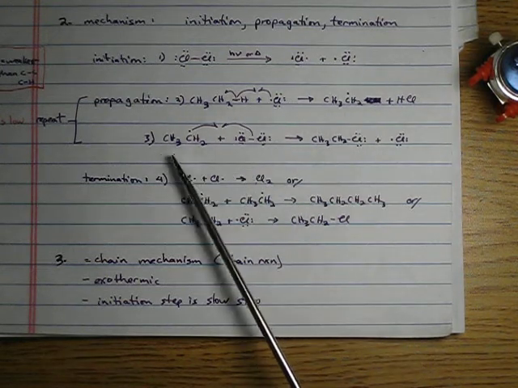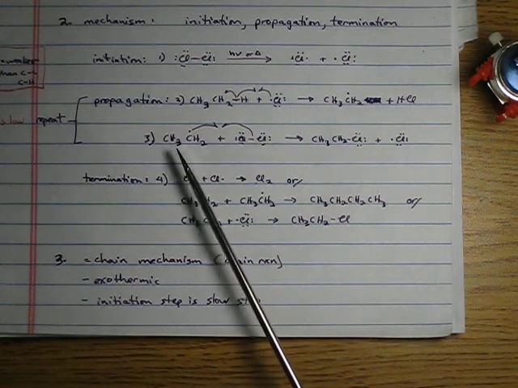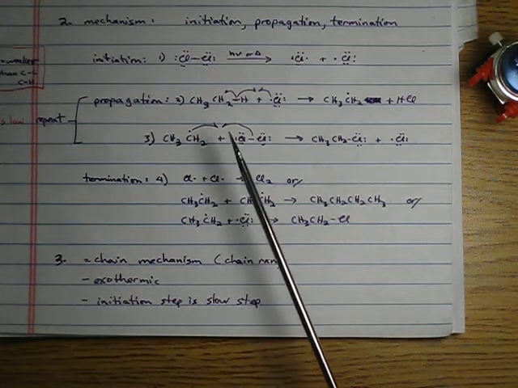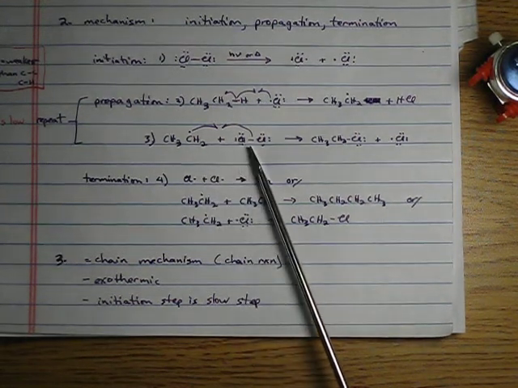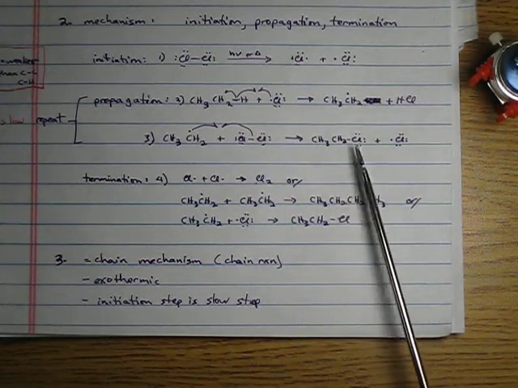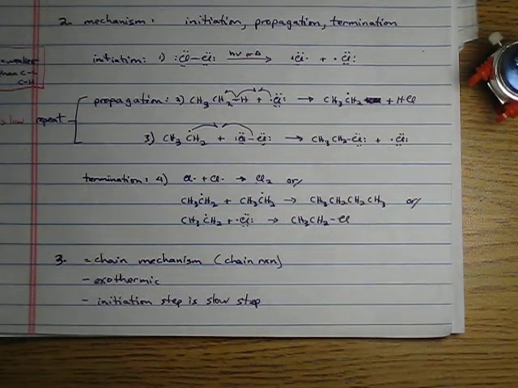The next step in propagation is that alkane radical then reacts with another Cl2 to make CH3CH2Cl plus Cl dot. Okay, here's the deal with the propagation steps.